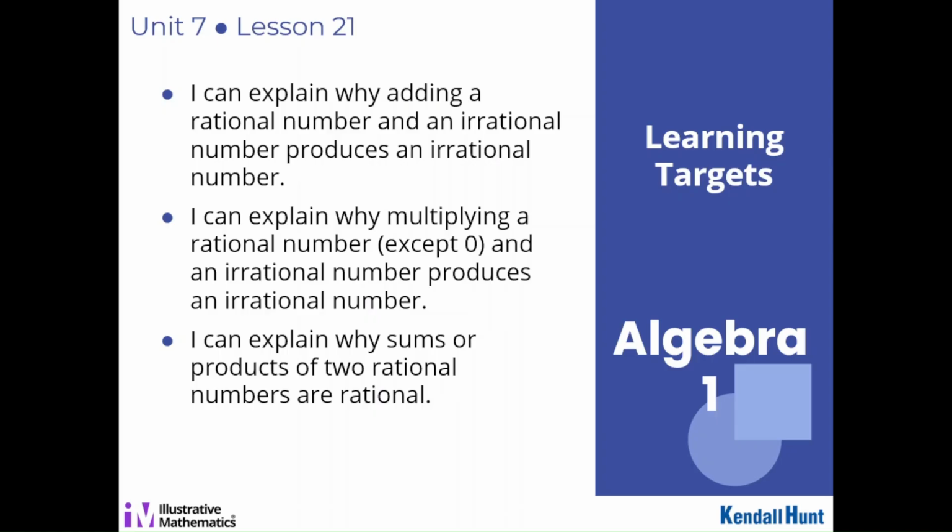Learning target number 2 says I can explain why multiplying a rational number other than 0 and an irrational number produces an irrational number. And learning target number 3 says I can explain why sums or products of 2 rational numbers are rational.